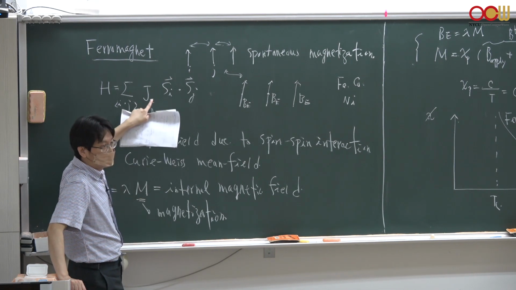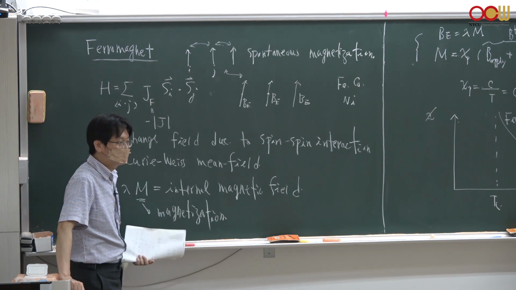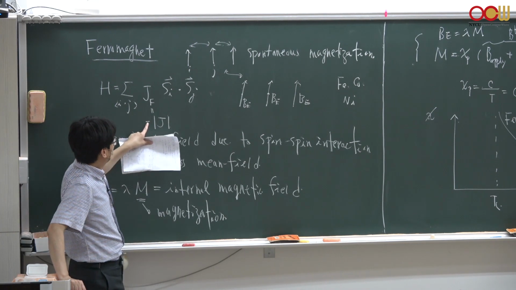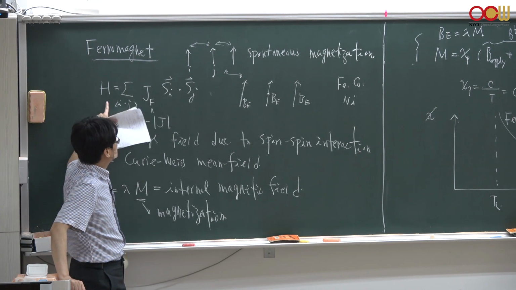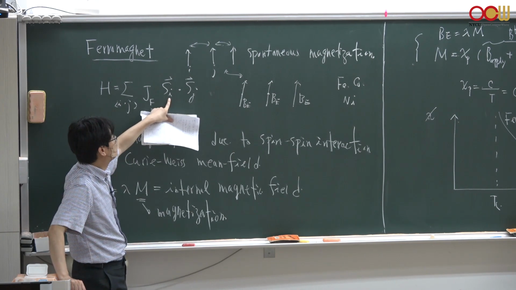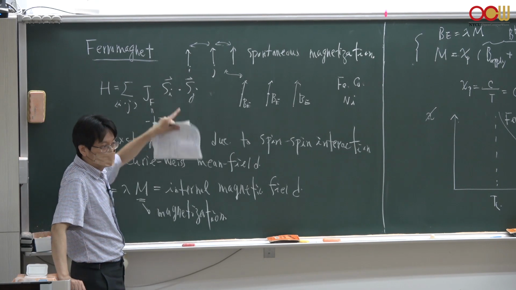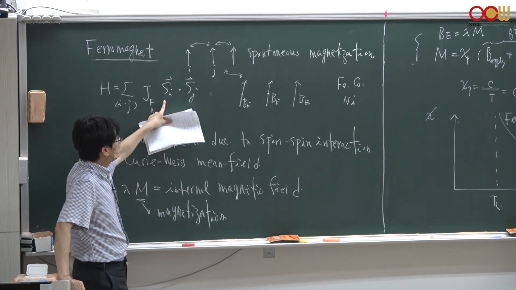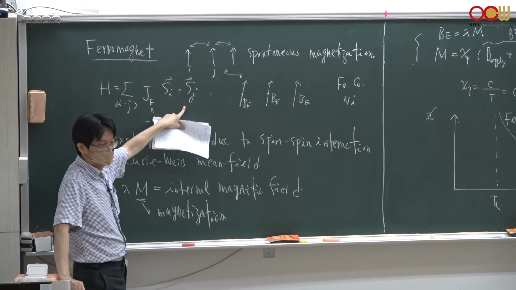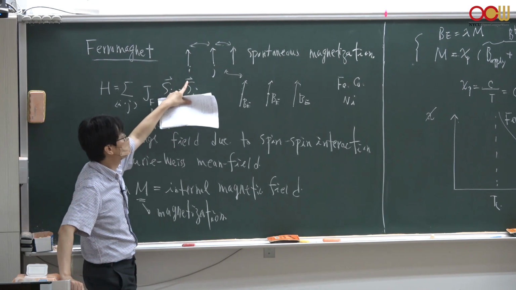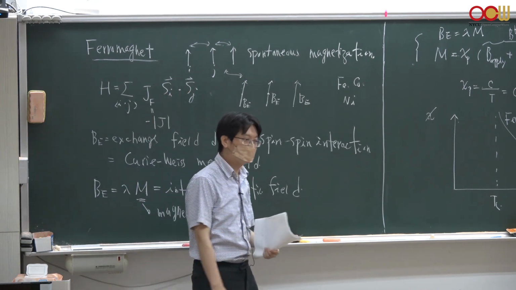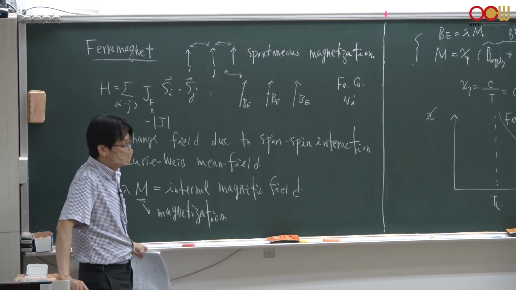And you know very well from quantum mechanics that in order to reach the ground state, if you have a minus sign in front of a Hamiltonian, which is Si dot Sj, and to minimize the free energy, the Si must be parallel to Sj, right? Where I and J refer to different sites of the magnetic material.